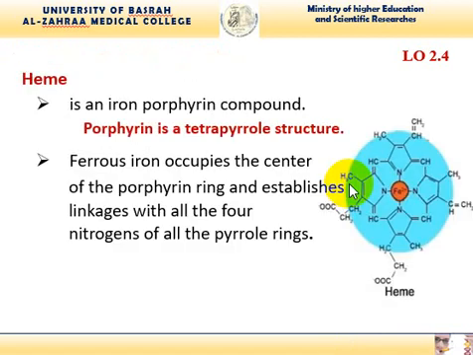So what is heme? Heme is an iron porphyrin compound, and porphyrin is a tetrapyrrole structure. These are pyrrole structures. The ferrous iron occupies the center of the porphyrin ring and establishes 4 nitrogen bonds with all of the pyrrole rings.